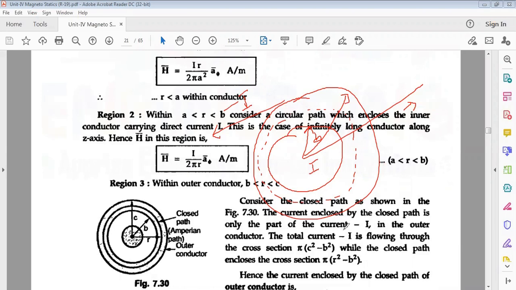In the outer conductor the total current minus I flows through the cross section pi into c square minus b square.